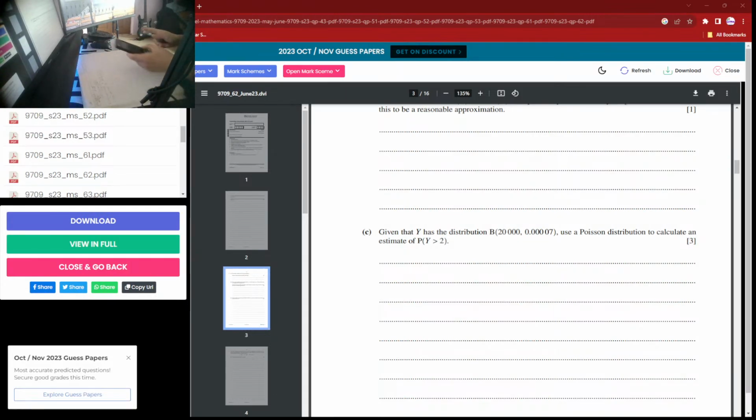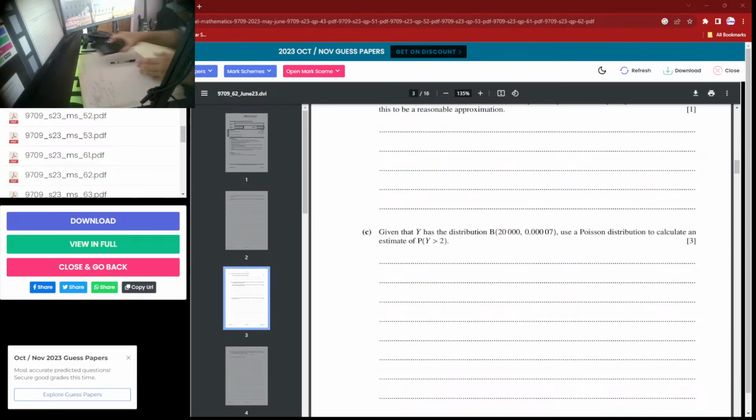So therefore, for Poisson, we want P(Y is more than 2), which is 1 minus P(X is less than or equal to 2). So you have 1 minus e to the power of negative 1.4, and for 2 you have 1.4 to the power of 2 divided by 2 factorial.